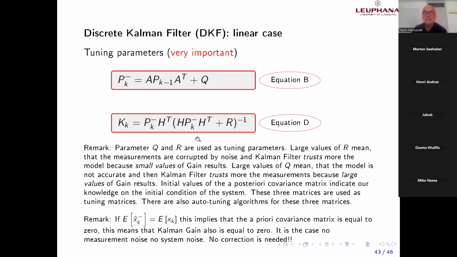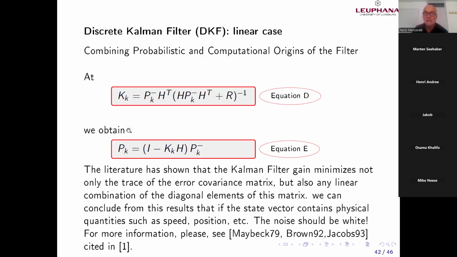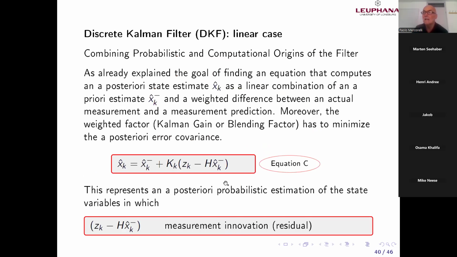Of course, we don't have a saturation for large Q, but nevertheless, for increasing Q from a small value, we try to increase K, and increasing K, we try to trust the measurement instead of the model. This is the contribution of the model. This is the contribution of the measurements, which includes KK, which includes the statistic meaning inside the Kalman filter.